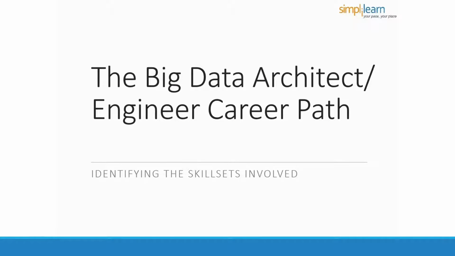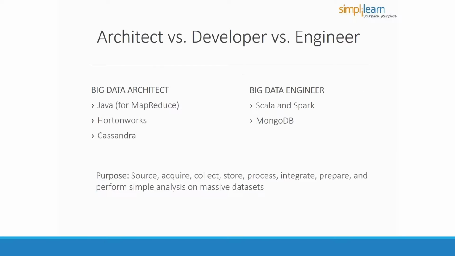This brings us to section 3 of today's webinar, the big data architect engineer career path, identifying the skills involved. Thinking back on what we've learned so far, big data architects report spending more time using Java, Hortonworks, and Cassandra. I'm assuming that the Java work is for programming and MapReduce.